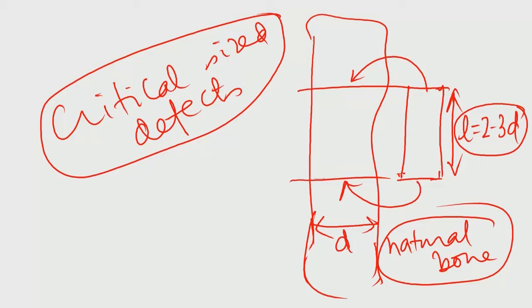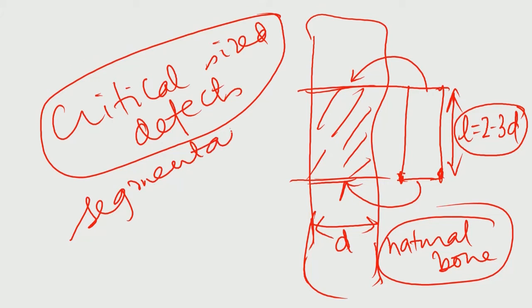Now you are cutting a small segment of the natural bone, and in this gap you are putting your implant material, which I am now shading. If the length of this implant material is 2 to 3 times the diameter of the host bone where it is being cut, then you can call it a critical size defect. This kind of defect is also known as a segmental defect.